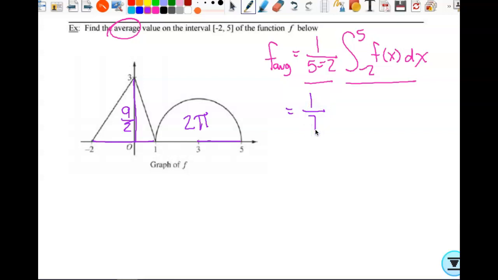When I integrate this, that's just adding these areas, so this is going to give me 9 halves plus 2 pi. Can I stop there? Yes, I'm going to stop there. If you had done these separately, you would have gotten 3 halves and 3. So 3 halves plus 3 plus 2 pi is totally fine. Stop. Okay? We good?